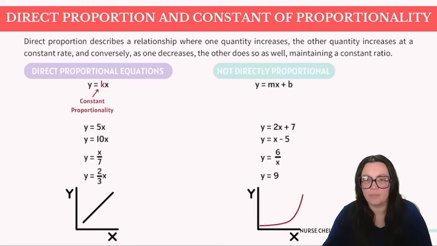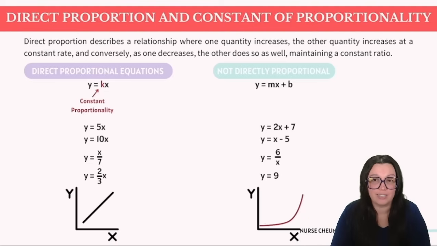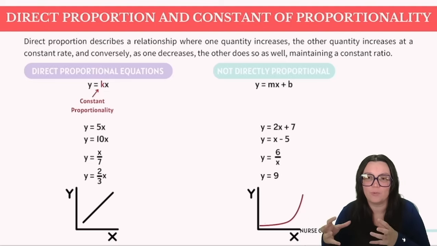So starting with direct proportion, this is going to describe a relationship where one quantity increases and the other quantity is also going to increase at a consistent rate. Conversely, as one quantity decreases, the other quantity is also going to decrease, maintaining that consistent ratio.